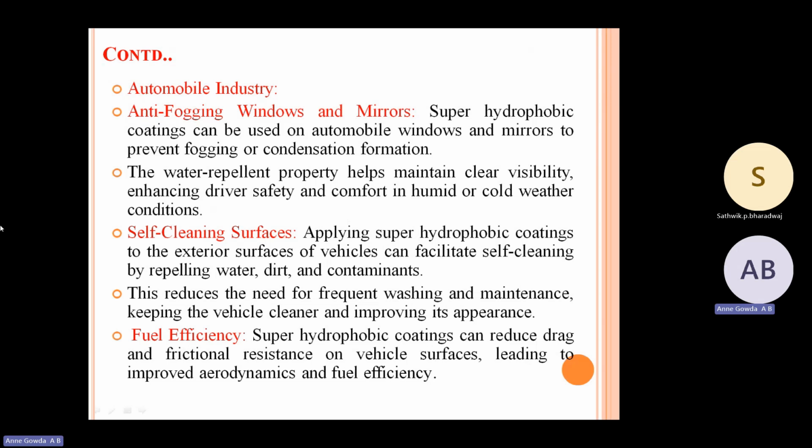This has led to the invention of super hydrophobic materials, which are mainly used in automobile industries and electronic gadgets, and display boards hanging outside. Any electronic equipment hanging outside, which will be drenched in the rain, will be coated with this super hydrophobic material.